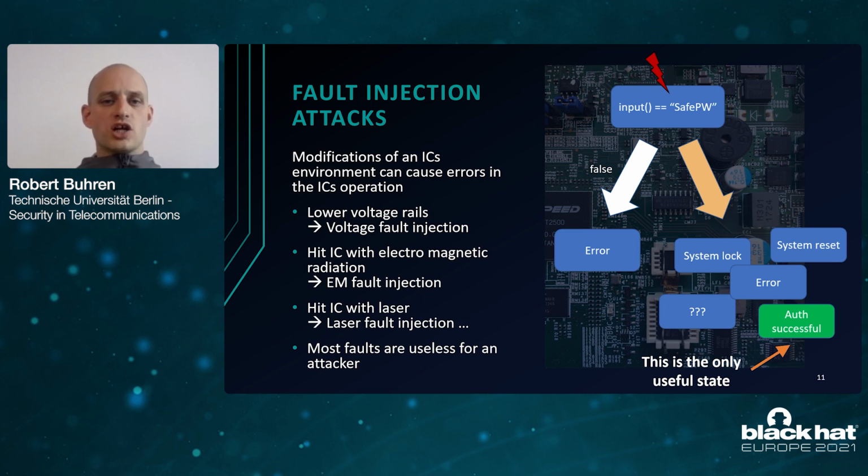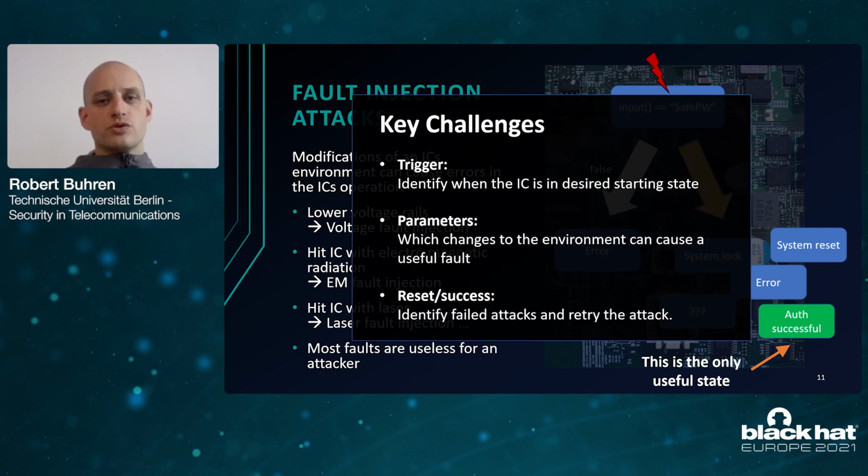The key challenges with fault injection in general are, first, you need to have some kind of trigger. You need to understand and identify when the target is in a state where it's performing something security sensitive, like a password validation. And you need to know the parameters to which extent you want to change the target's environment. If we're talking about voltage fault injection, you need to know how deep you want to lower the voltage so the system is still operational, but the behavior has changed.